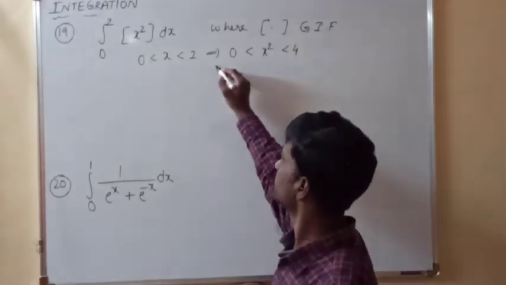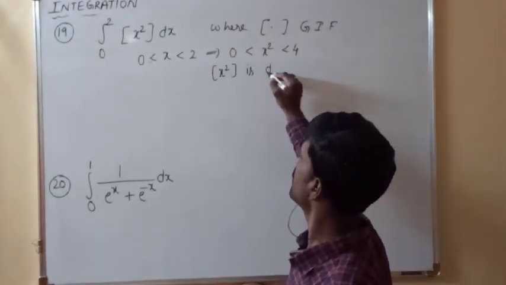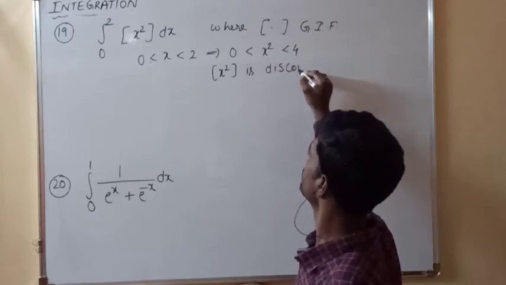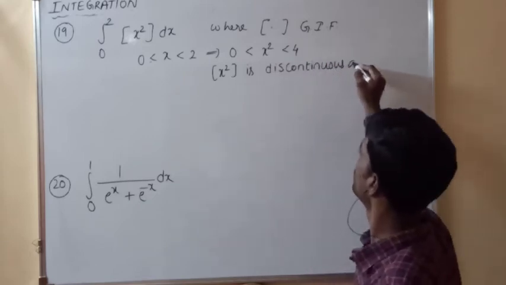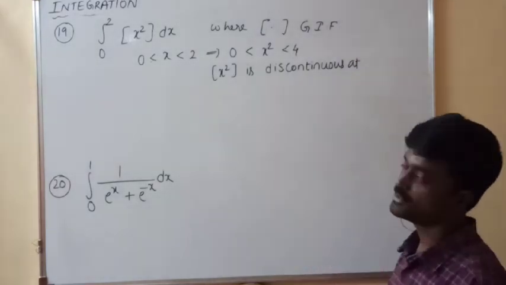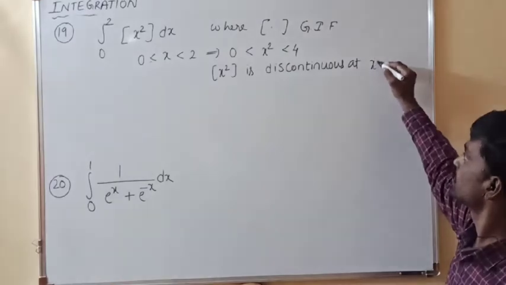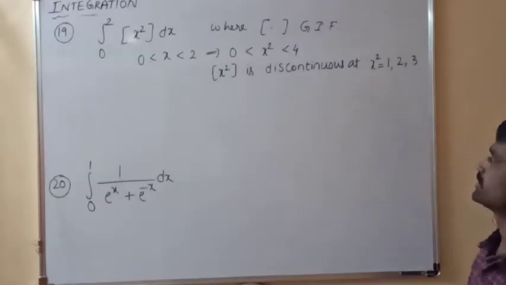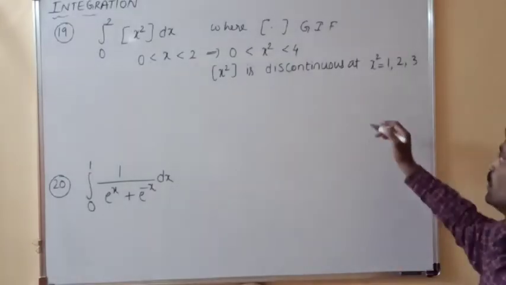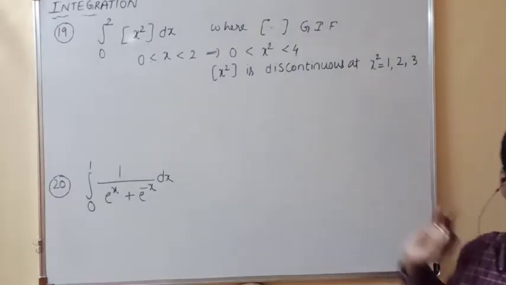That means step of x square is discontinuous at x square equal to 1, x square equal to 2, and x square equal to 3. Because here x square lies between 0 and 4, not x.